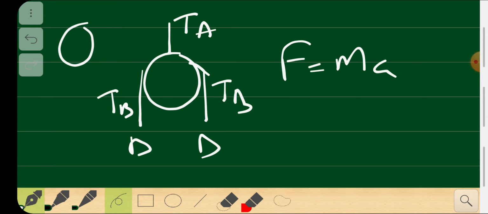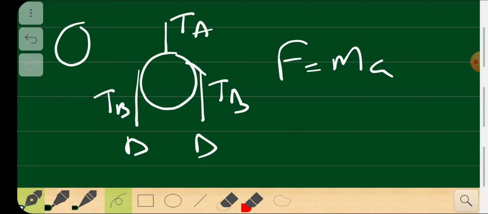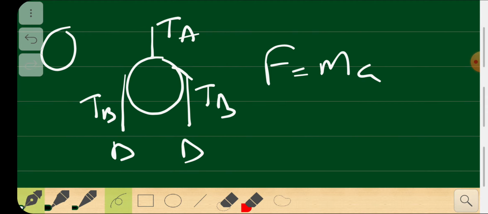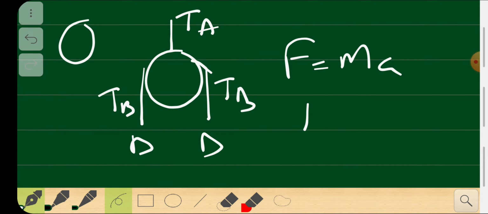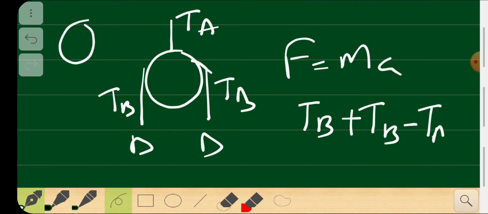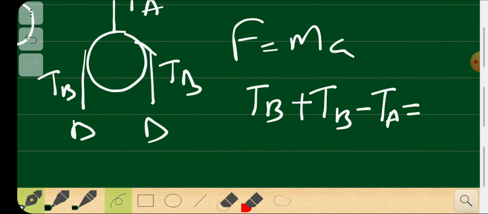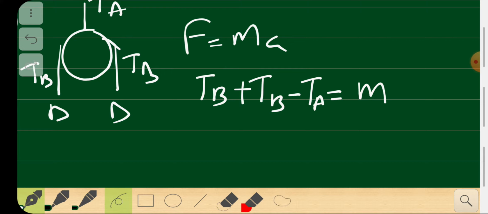Force upwards is taken as negative, so you can say 2tb minus ta is equal to m of the pulley times a of the pulley.